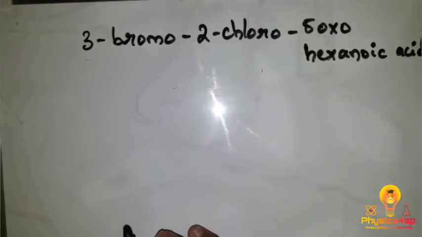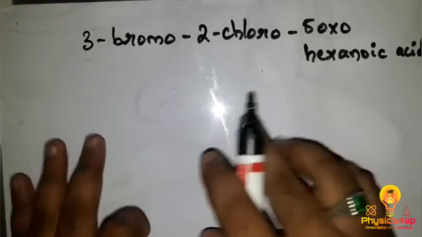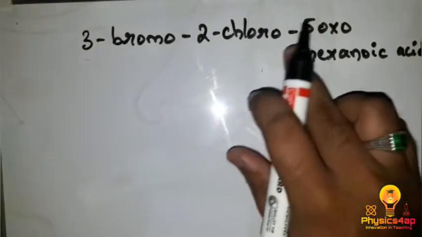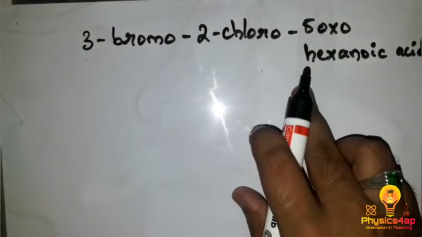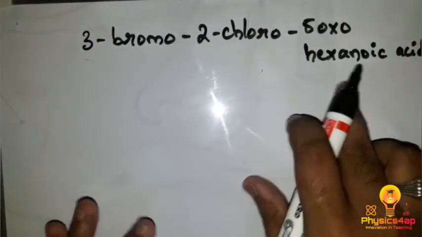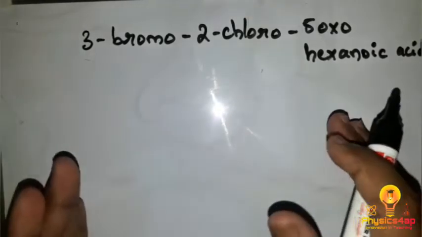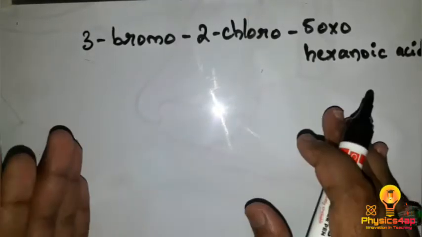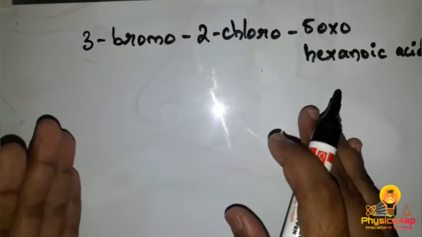So this is the name of the compound, that is 3-bromo-2-chloro-5-oxohexanoic acid. So don't think that when they give a big compound name it will be very difficult.